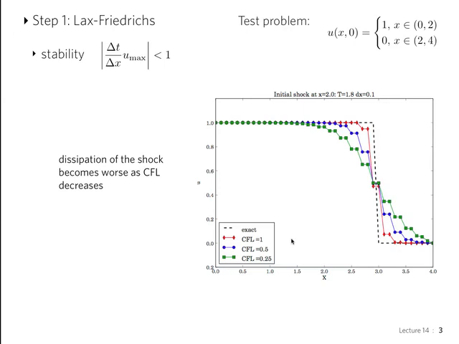It applies to the first order schemes in this situation, because to get to a given time, you're doing many more time steps if your CFL is smaller with the same mesh resolution, right? So that's why you see this. The solution becomes worse as the CFL decreases.